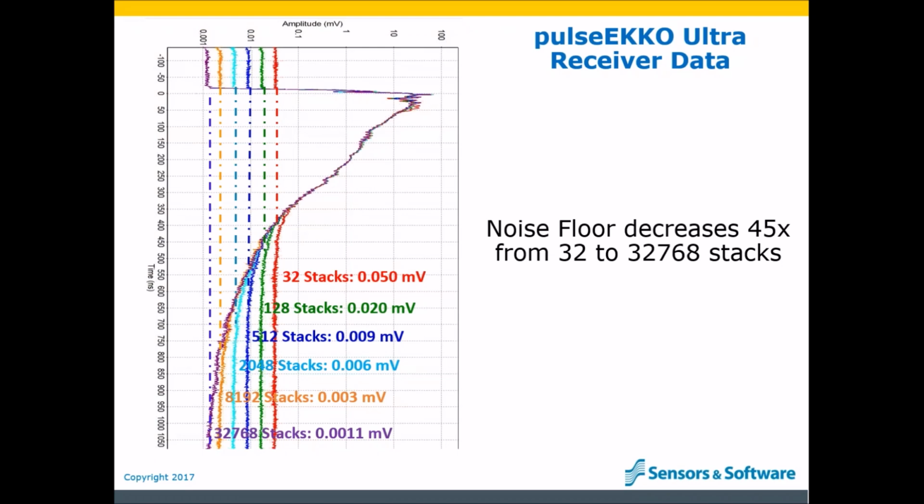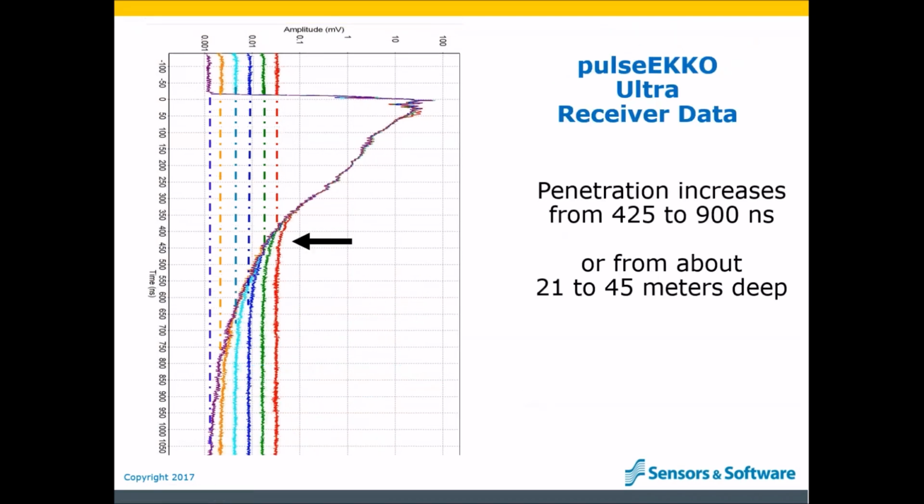The important thing to note is that the RF noise floor at 32,768 stacks is 45 times smaller than at 32 stacks. If we remember that the depth of penetration is the depth where the GPR signals have attenuated back to the RF noise floor, let's look at how the depth of penetration increases by increasing the number of stacks.